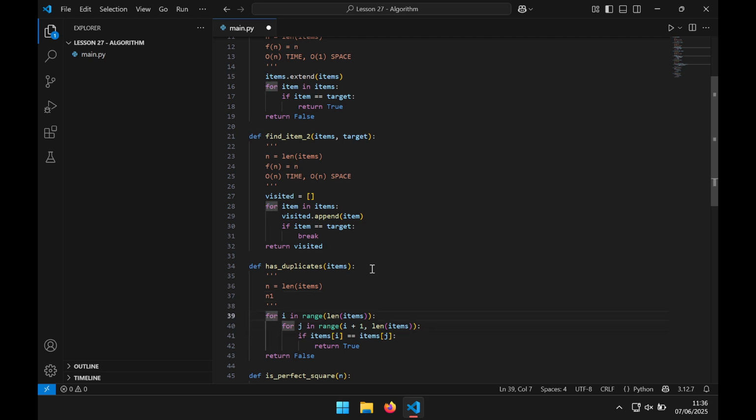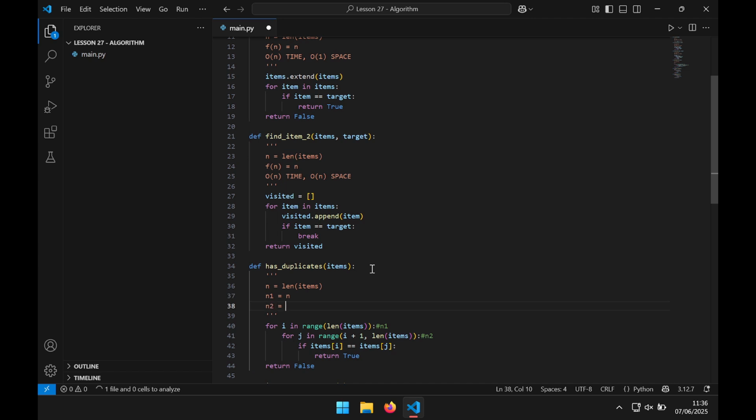Let's name it n1 and n2. n1 equals n, okay? n2 equals n divided by 2. That's because n2 is a bit different. It starts at i plus 1 and goes to the end, so it runs about n divided by 2 times.